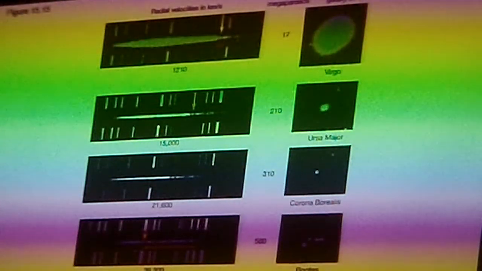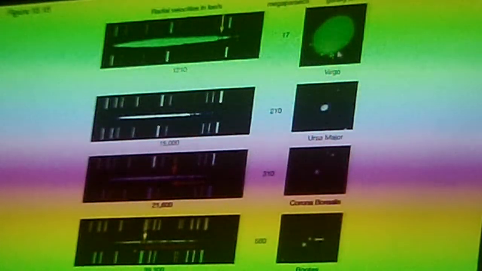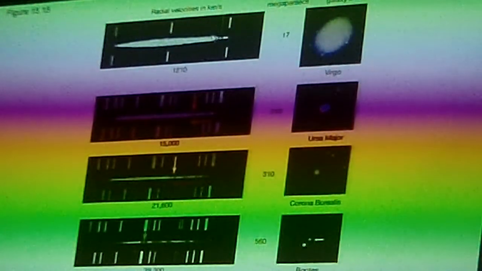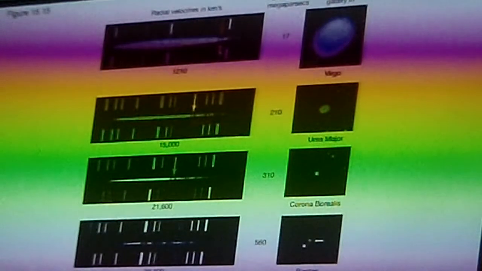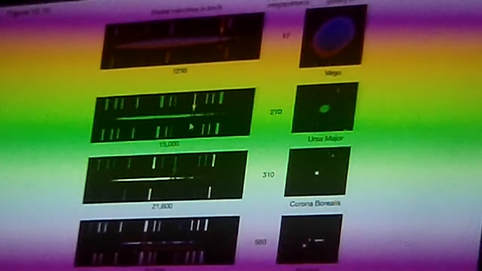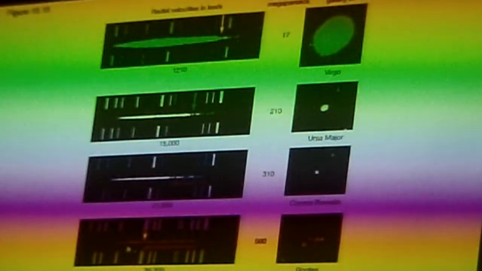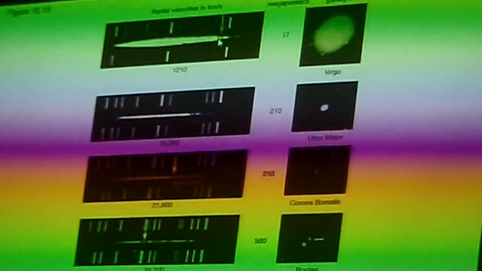Trademark. And here it shows the redshift. This Virgo, these little lines, see those little lines in the white cloudy area? There's two little lines. Those lines shift to the left, to the red part of the spectrum. The further away the galaxy is, those lines are further shifted. Those are hydrogen absorption lines.